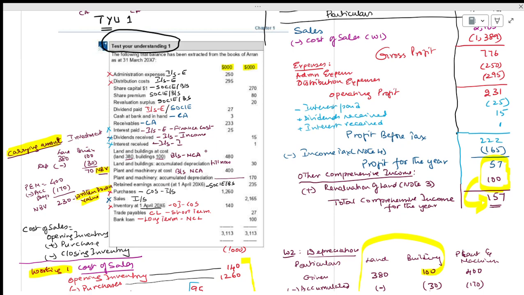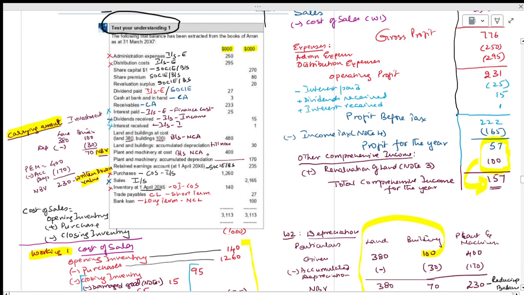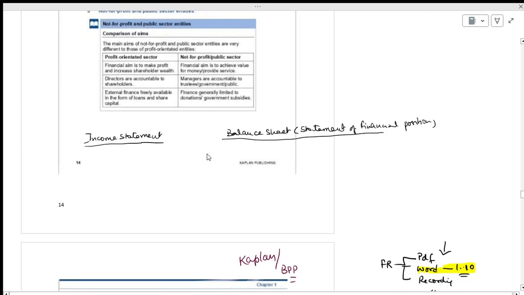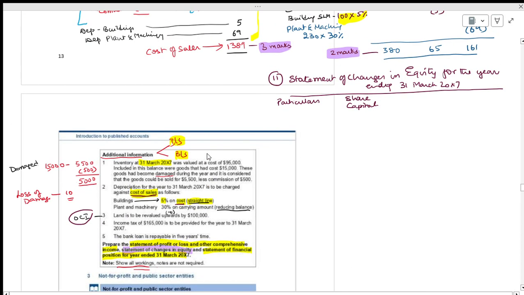How much is there? Share capital, 235. Now, share capital, share premium, revaluation surplus, retained earnings.